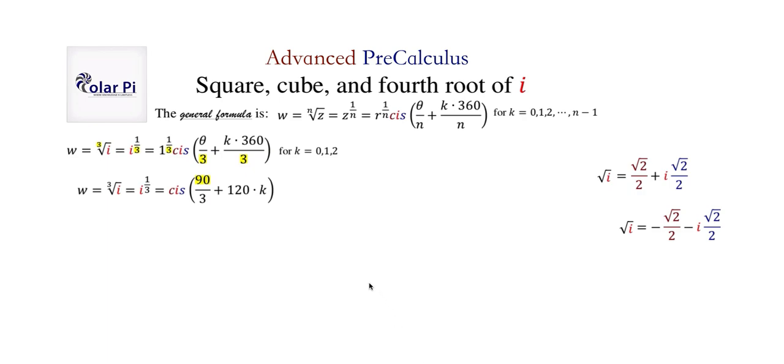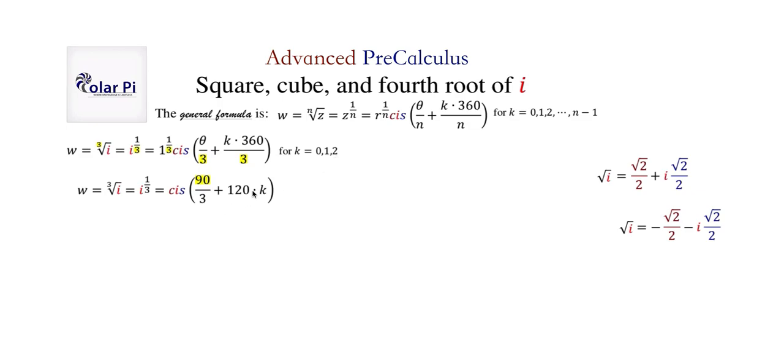We're still talking about i and our cis theta form, so theta for i is still 90, and this time we're doing the cube root, so n is 3. Otherwise it's business as usual, and of course k this time is going to go 0, 1, and 2, because k is going to end at n minus 1, so if n is 3, no wonder k ends at 2.